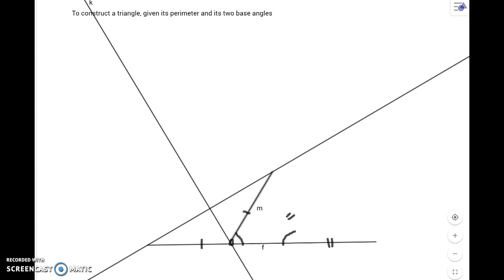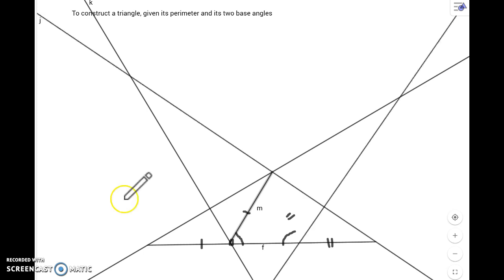Now the same thing could be done on the other side, which is like we need a line, and if we can bisect it perpendicularly we are getting this point, which means if I draw a line like this, this line will be equal to this line because this is a perpendicular bisector on this. Therefore we are getting the other side of the triangle.